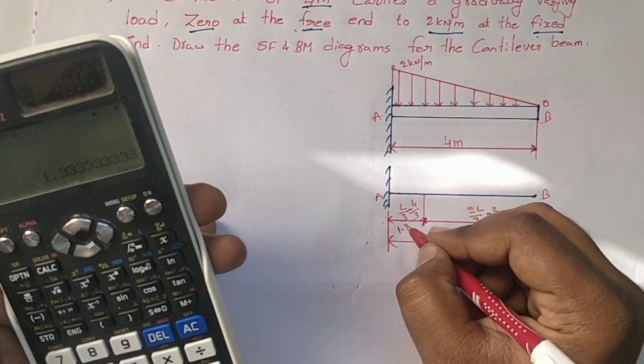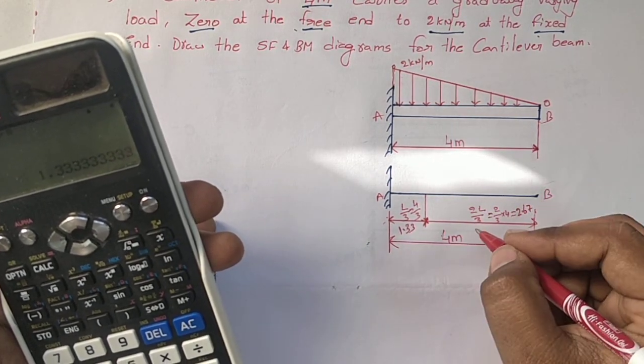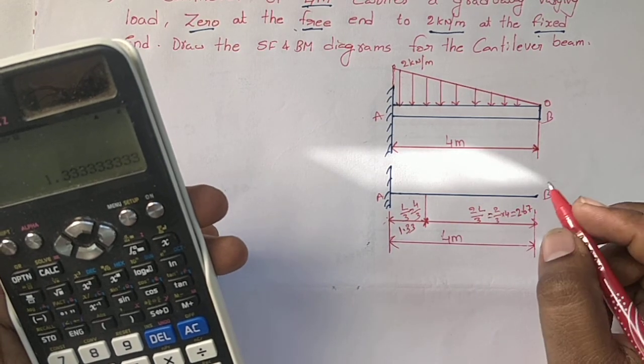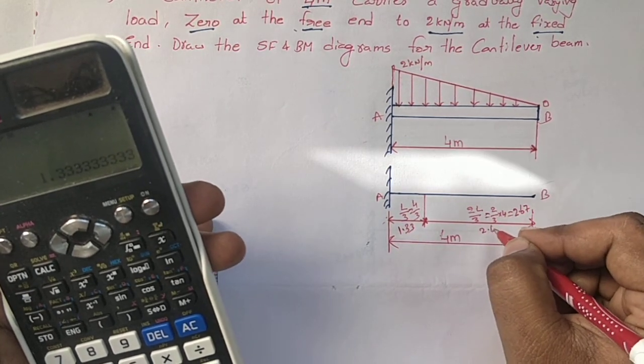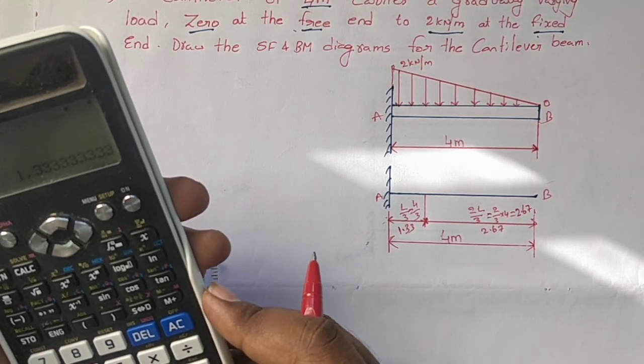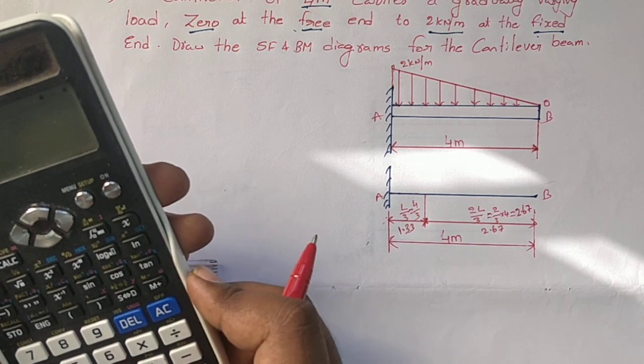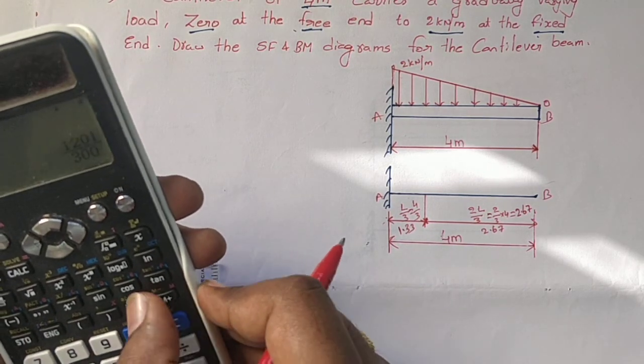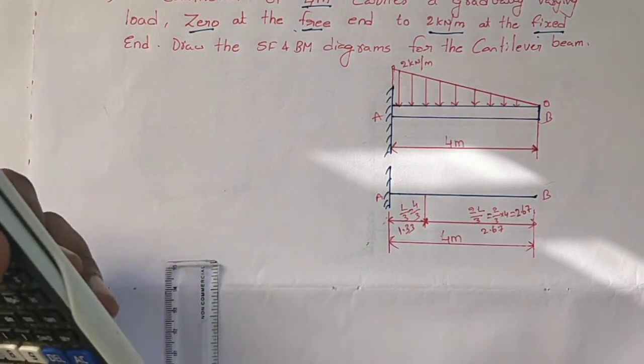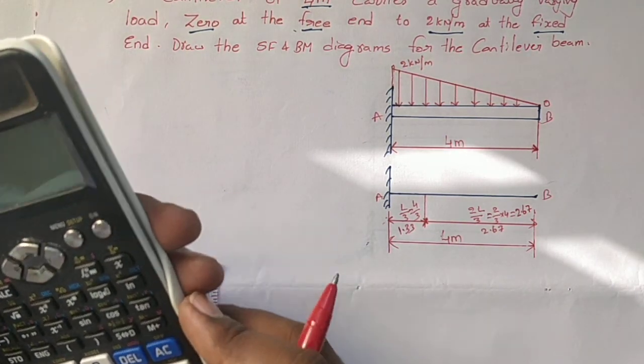This distance is 1.33 and this distance is 2.67. Therefore the total value is 4. Like this we need to calculate.